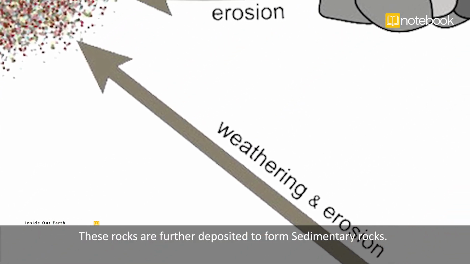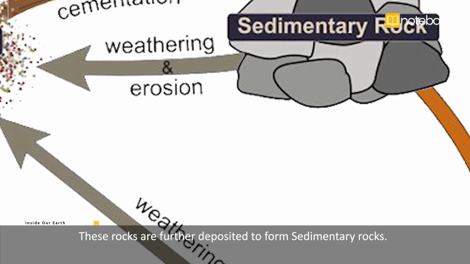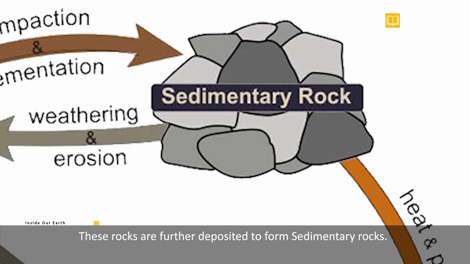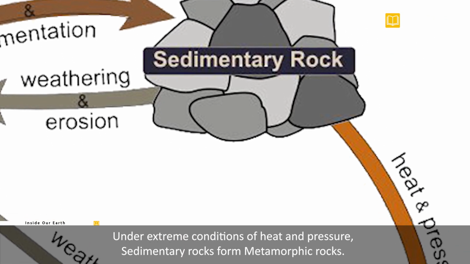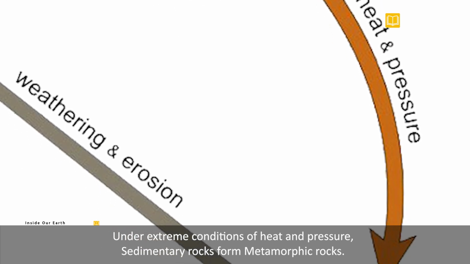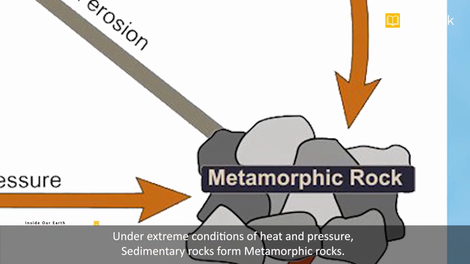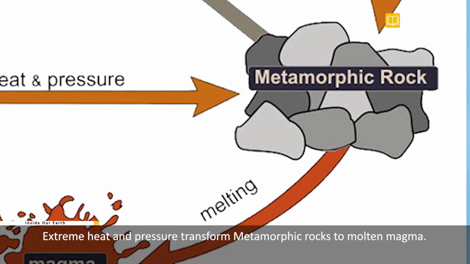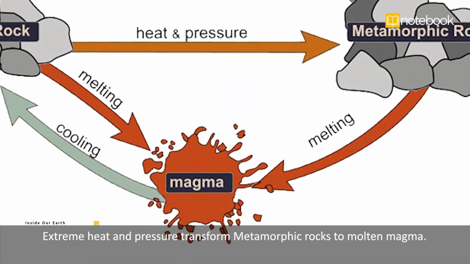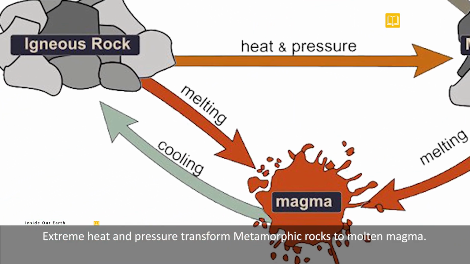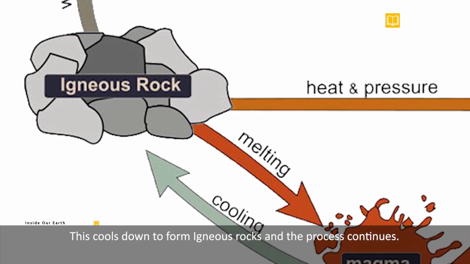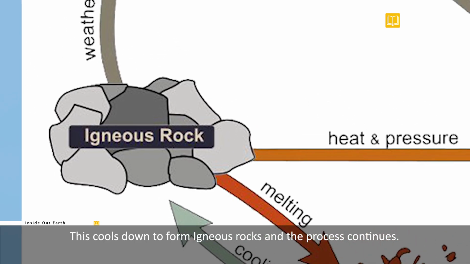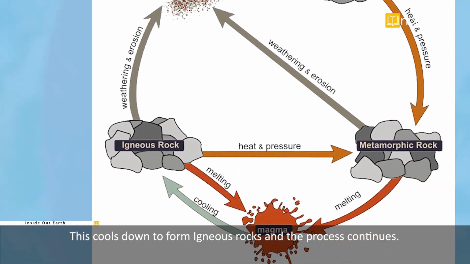These rocks are further deposited to form sedimentary rocks. Under extreme conditions of heat and pressure, sedimentary rocks form metamorphic rocks. Extreme heat and pressure transform metamorphic rocks to molten magma. This cools down to form igneous rocks, and the process continues.